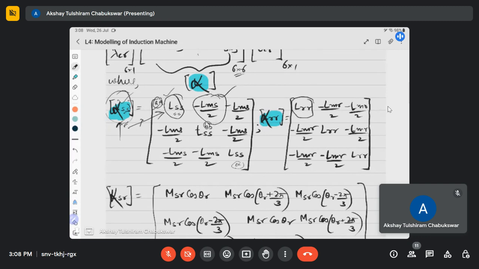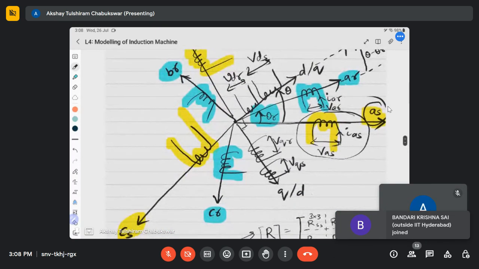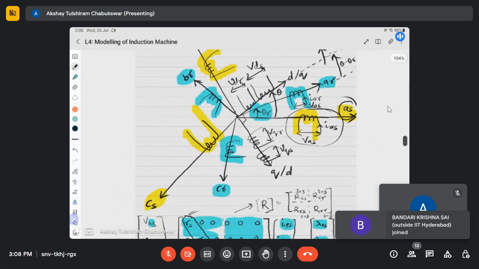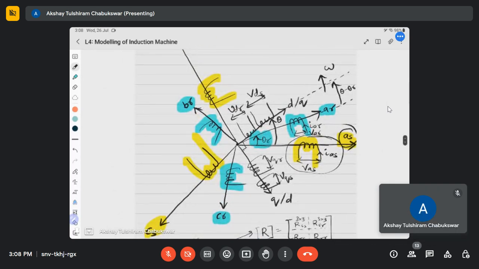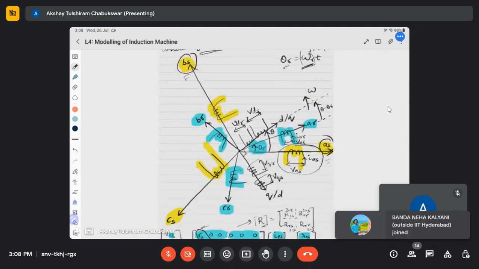And LMS is nothing but the inductance induced in one stator winding due to the current flowing in other stator windings. How many stator windings are there? Three, right? One at AS, one at BS, and one at CS. So if you want to find the inductance between AS and BS, this is the inductance induced at the winding at AS due to the current flowing through the winding in BS.